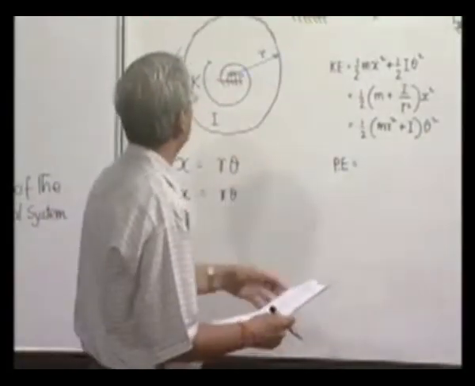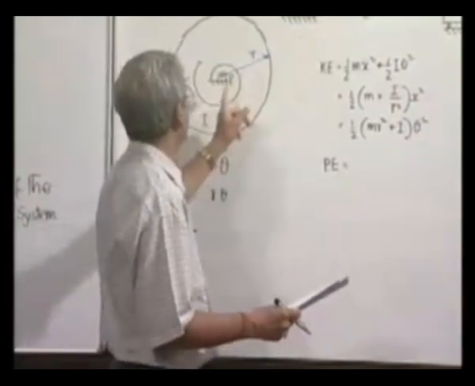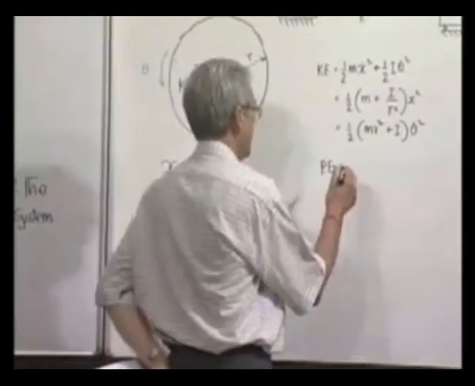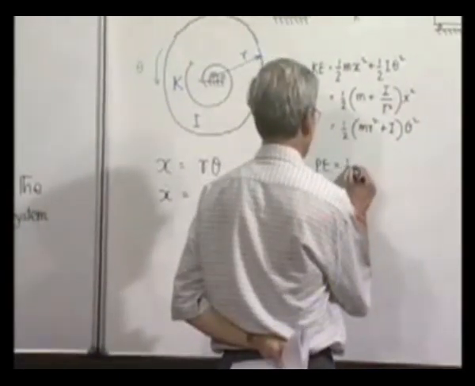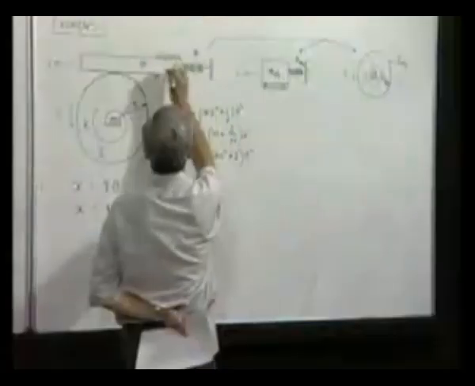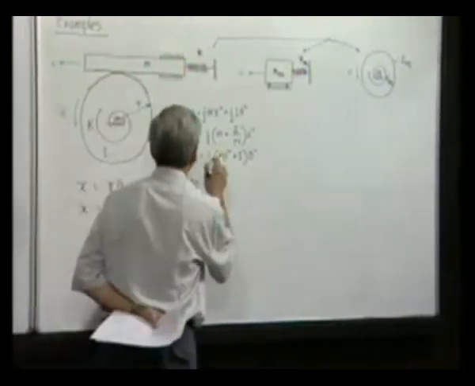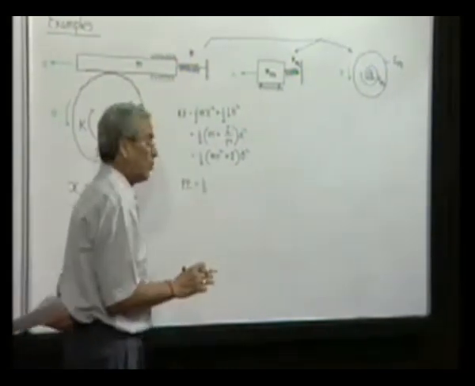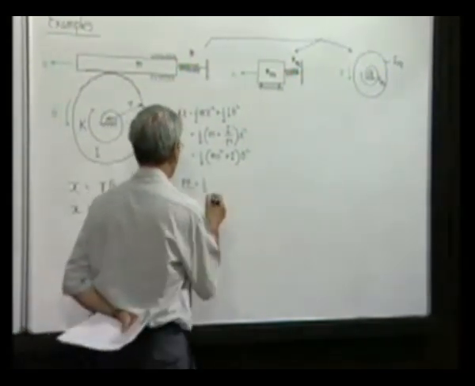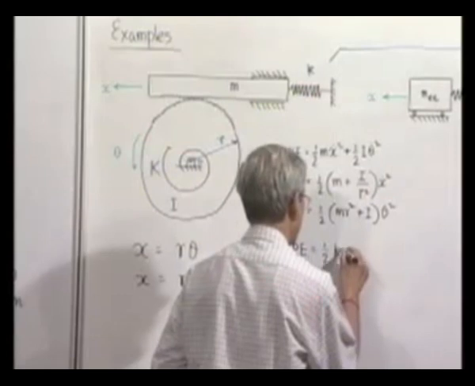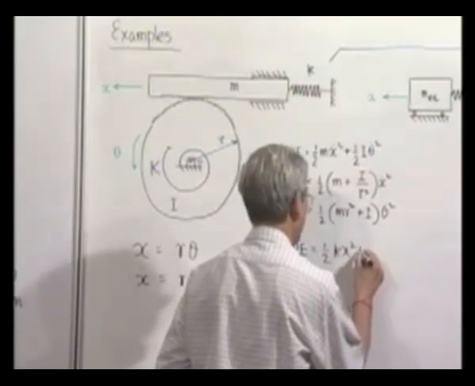But strain energy in the two springs, this linear spring and torsional spring, will provide the potential energy. The stretch of this spring from its equilibrium position is x, and in the equilibrium position it was under no strain condition. So, the linear spring's strain energy is half k x square.